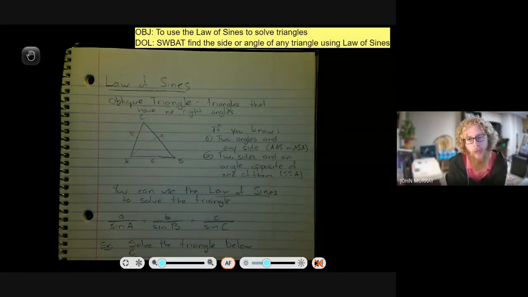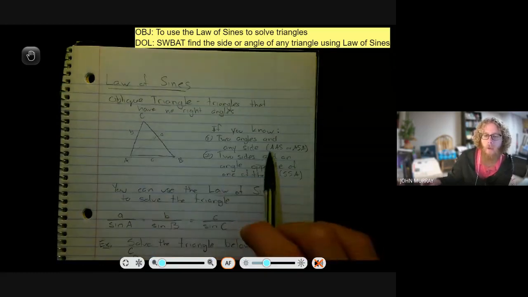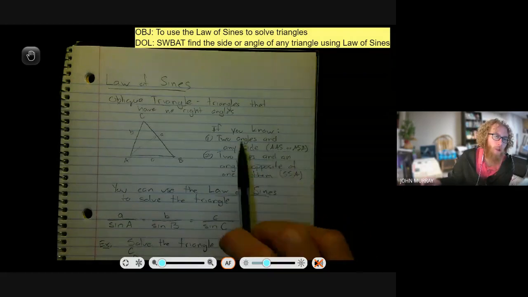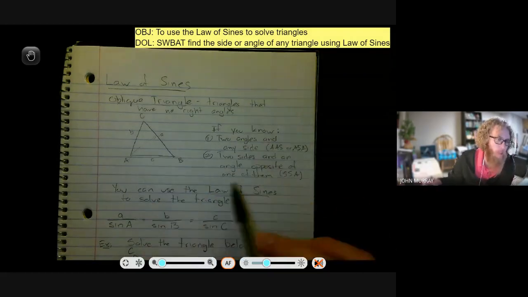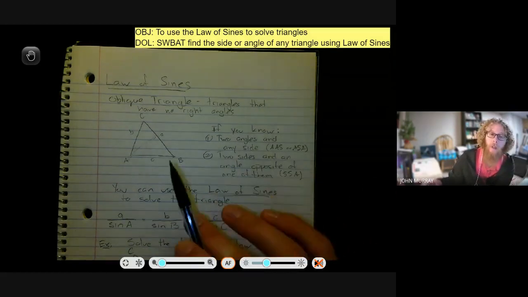So if we have two specific situations, if we either know two of the angles and any side, which would give us angle, angle, side, or angle, side, angle. I know you thought you were done with these. And we're not doing proofs like we did back in geometry with angle, side, angle, and all that stuff.